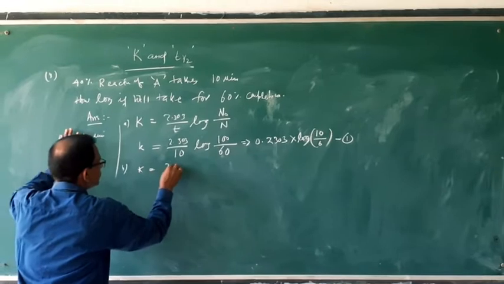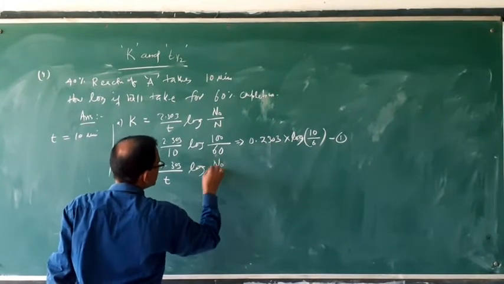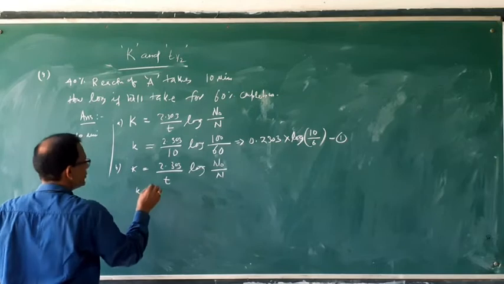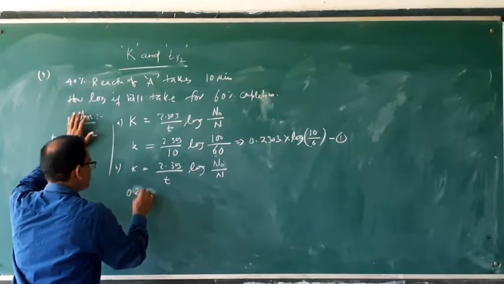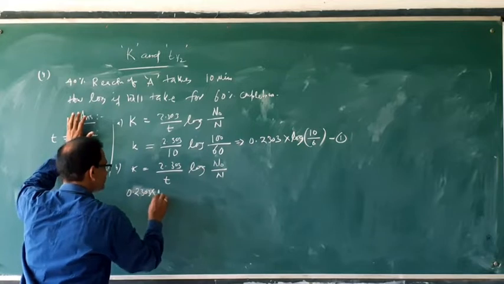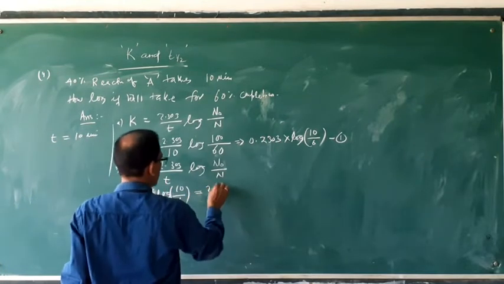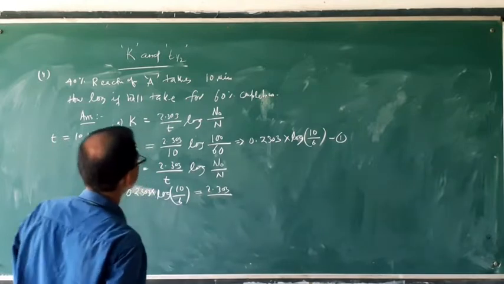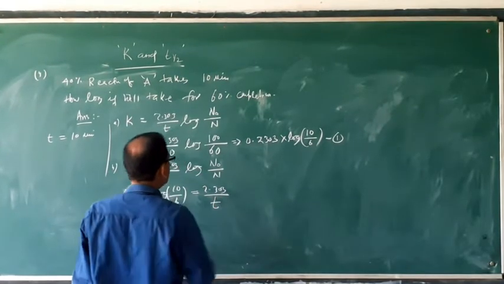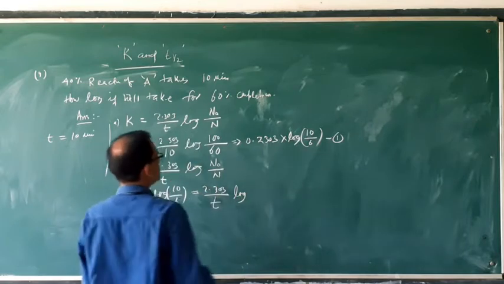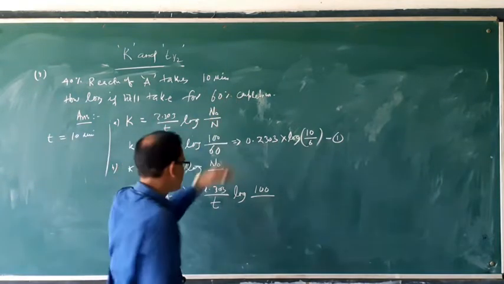So K is equal to 2.303 by T log N0 by N. Then put the value of K, which is already calculated: 0.2303 into log 10 by 6 is equal to 2.303 upon T. Here T will be calculated, with log N0 equal to 100 upon mass left. 60% completion means 40% left.